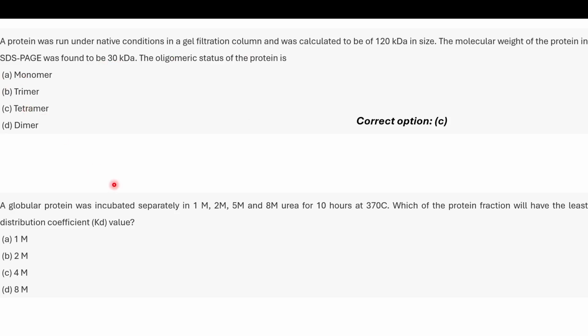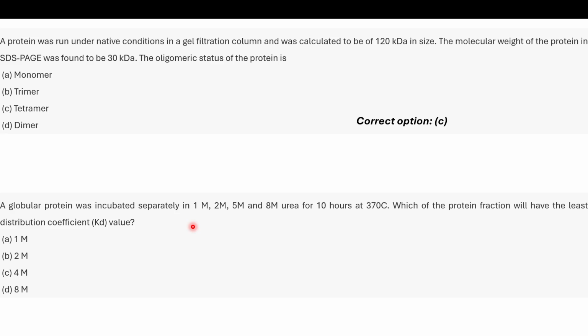Option C. Now, a globular protein was incubated separately in 1 molar, 2 molar, 5 molar, and 8 molar urea for 10 hours at 37 degrees Celsius. Which protein fraction will have the least distribution coefficient value? Least means the one which is not having any interaction with the matrix. That will be the one eluting out first.